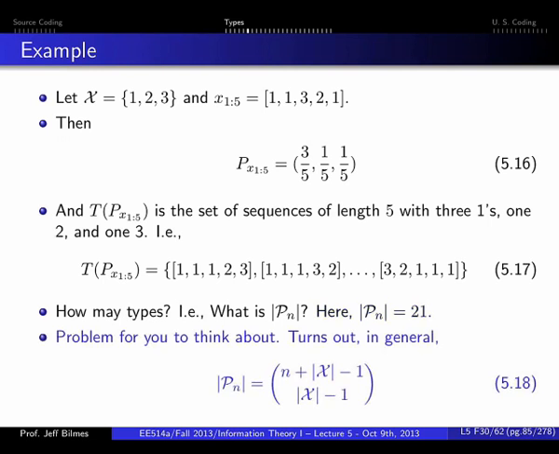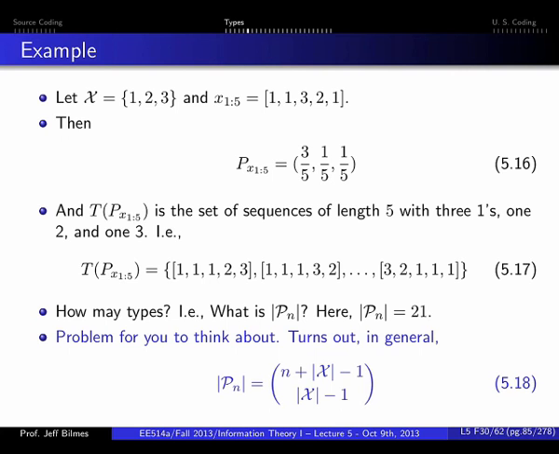Well, here's the answer. Even knowing the answer, it's a little tricky to see it. It turns out that the exact size of script Pn is n plus the alphabet size minus 1, choose the alphabet size minus 1. The number of ways of choosing x minus 1 out of n plus x minus 1.